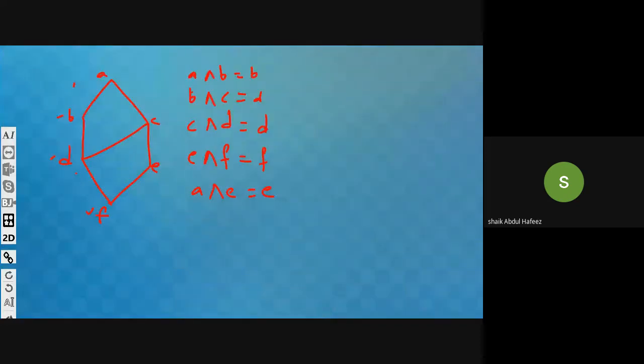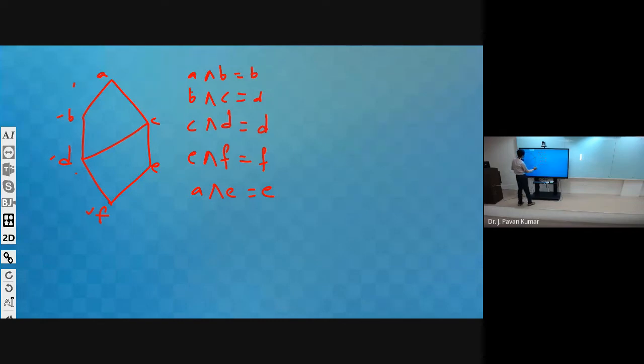Okay. So B meet C. What will be the answer? B meet C in the sense lower bound of B comma C will be D, F. Out of these, the greatest one will be D. As a procedure, if you apply it, we get D as the greatest lower bound.